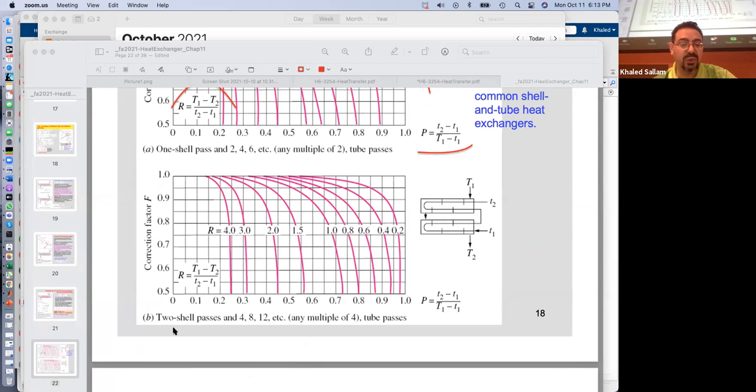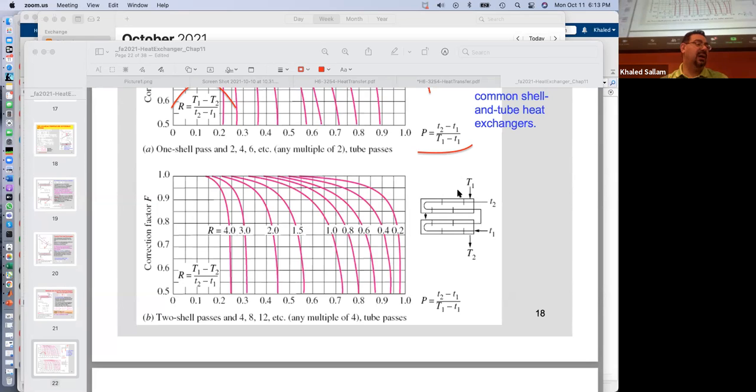Whatever, as long as it's 2 shell, you will use that chart. You use that chart to get the F, right? This is the penalty for having it. I mean, then you ask yourself, why would I use it if the logarithmic temperature difference is now smaller because I multiply it by an F, which is 0.8? But what is the benefit of doing this? You get more area.